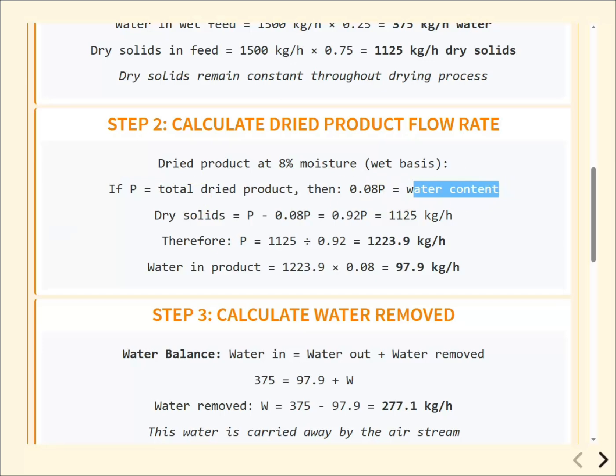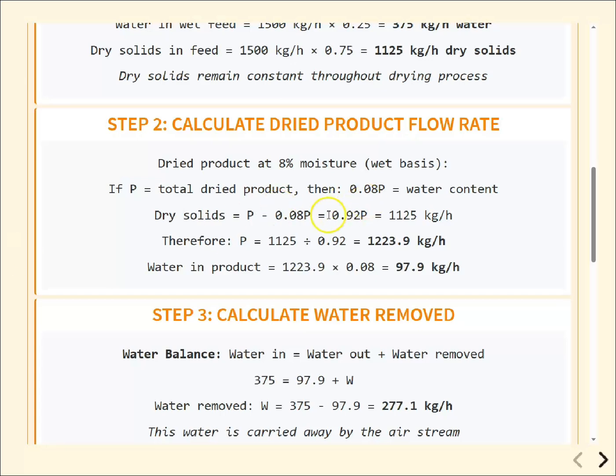Then the dry solid in the product equals the total product minus the water content, that means P minus 0.08 P, so that is equal to 0.92 P. That is nothing but 1125 kg per hour, since dry solid mass remains constant at 1125 kg per hour.